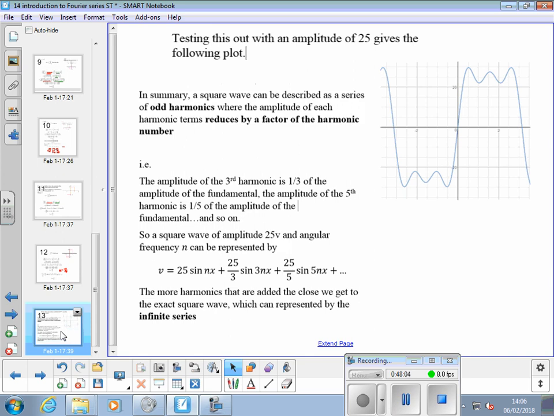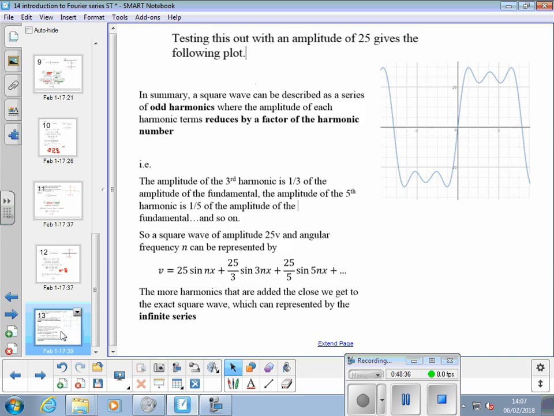I.e., the amplitude of the third harmonic is 1/3 of the amplitude of the fundamental. The amplitude of the fifth is 1/5 of the amplitude of the fundamental, and so on. So a square wave of amplitude 25 volts and angular frequency n can be represented by 25 sine nx plus 25 over 3 sine 3nx plus 25 over 5 sine 5nx, and so on.